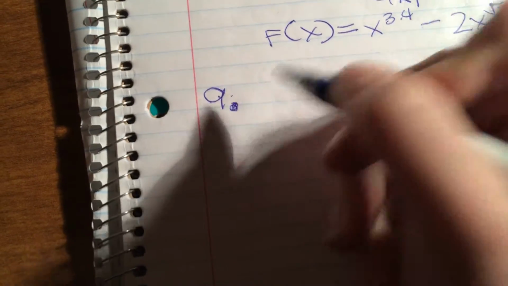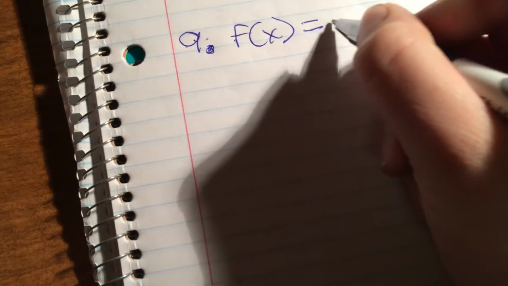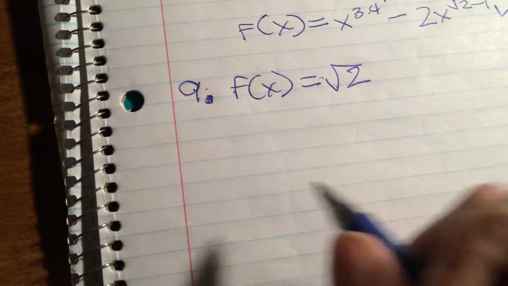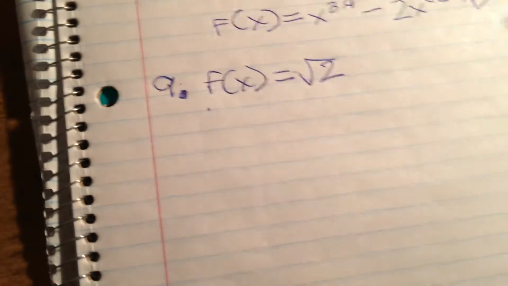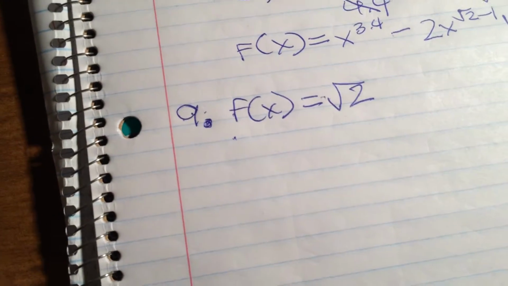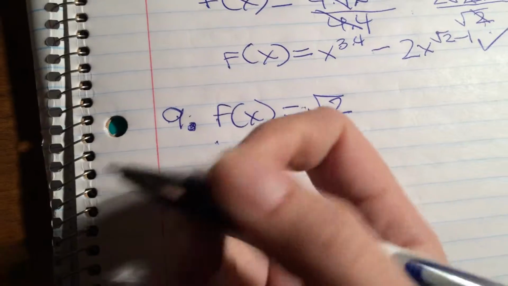Alright, 9. 9 is pretty simple. Our function given is f of x is root 2. So what's a general rule?